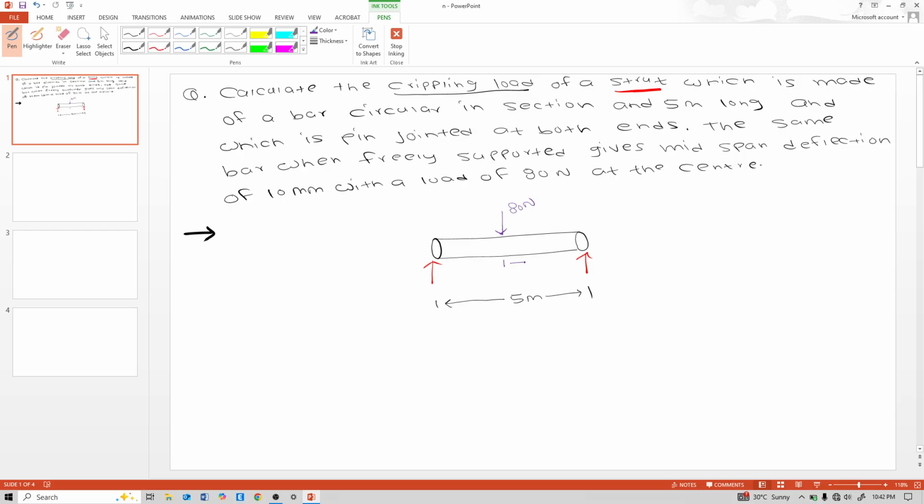Center, that means this is 2.5 meter and this is 2.5 meter. And the deflection of that beam is like this, and this deflection is 10 mm.